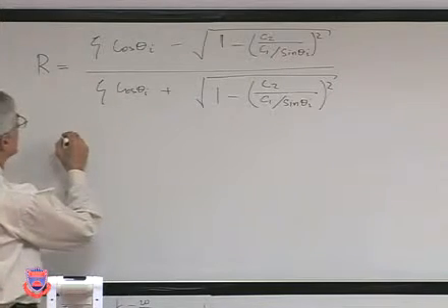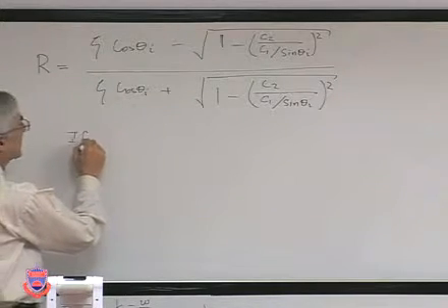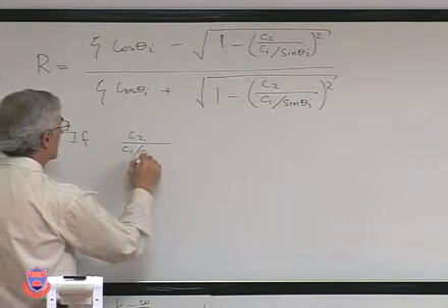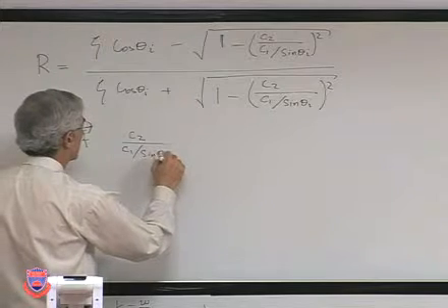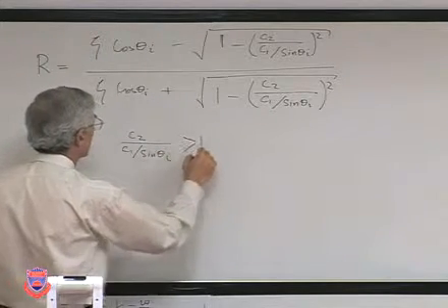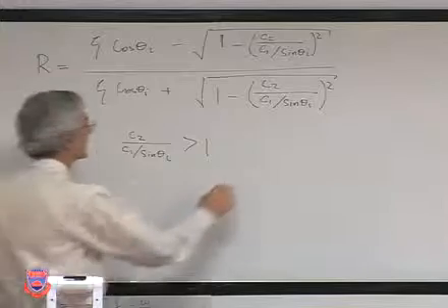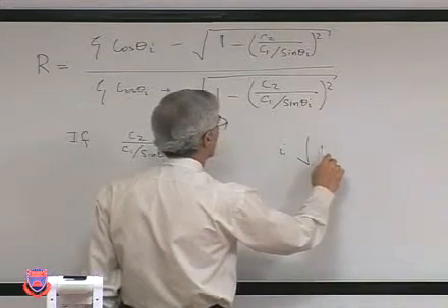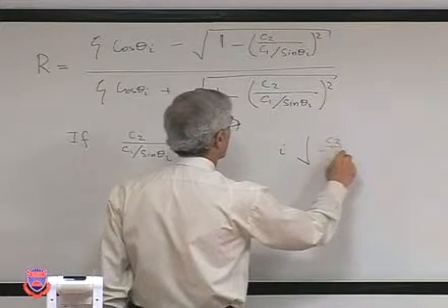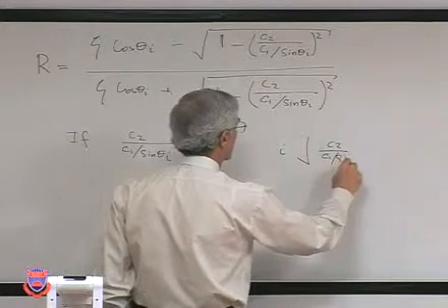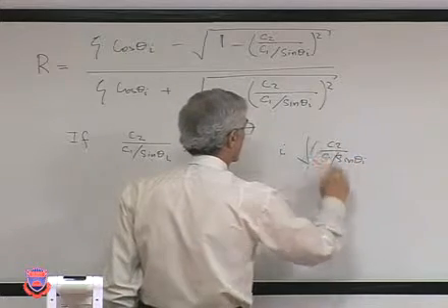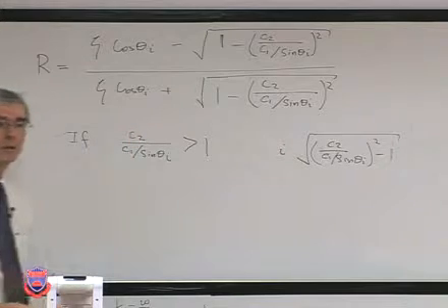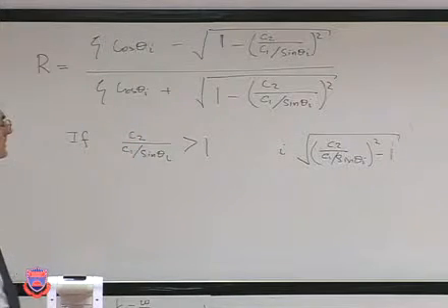Now, what happens if c2 over c1 sine theta i is larger than 1, then we have an imaginary component. Okay?